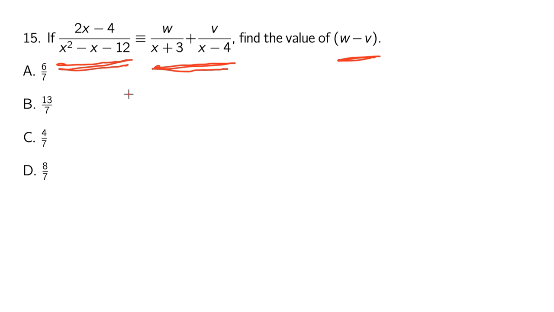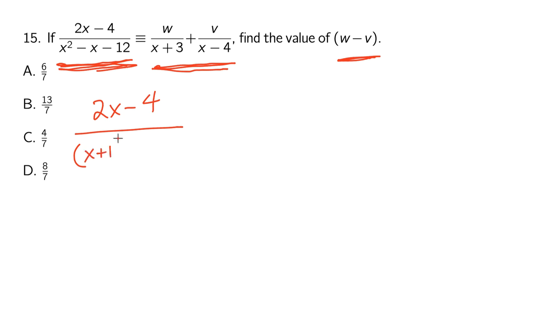When you have them written this way, you can do the straightforward thing where you multiply through. For instance, this 2x minus 4, x plus 3, x minus 4 is what you get when you factorize this. So let me write that.